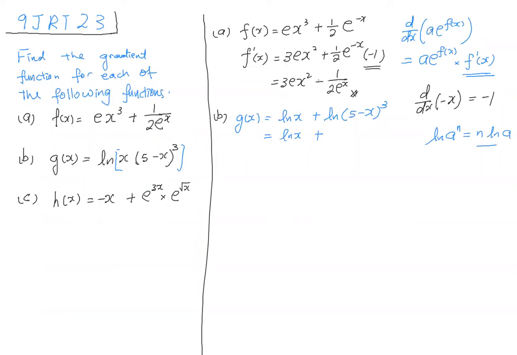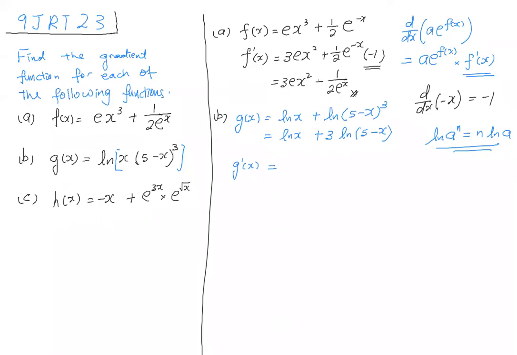So you look at the log formula: 3 ln brackets 5 minus x. So that you don't have to do the derivative for the cube. You only write it before you differentiate it. This is to simplify. I haven't differentiated yet. I haven't found the gradient function yet. I write it in the form that is suitable for me to find the gradient function. Then only I start to find the gradient function.